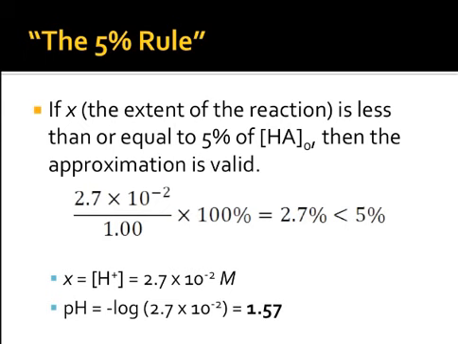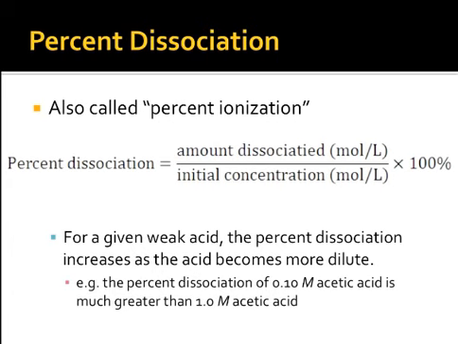This process is the general problem-solving strategy that should be employed when solving weak acid equilibrium problems. Just remember to consider which species are present in solution and which reactions or equilibria will predominate to produce the hydrogen ion concentration that you need to calculate the pH. Percent dissociation, also known as percent ionization, is a measure of how much the weak acid dissociates.